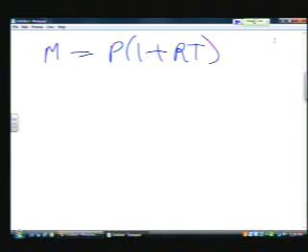All right, bottom of page 457. Here's the example. Your author is going to use the formula that I just put up, that we figured out where it came from. The maturity value is equal to the principal times 1 plus rate times time.